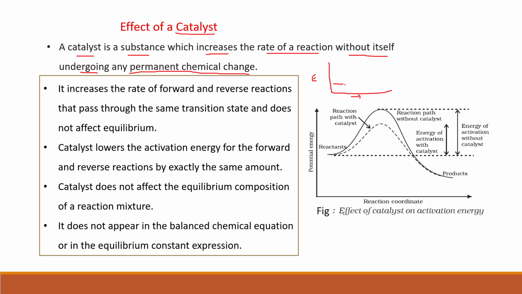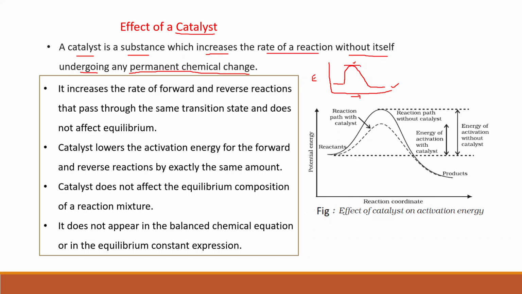When the reaction is taking place, these reactants will form a transition state of higher energy, and then this transition state will decompose to form products. This is a reaction profile diagram for any reaction. Reactants convert into the transition state, which has higher energy, and that decomposes to give the products. We can say this is the one energy barrier to cross to convert reactants into products.